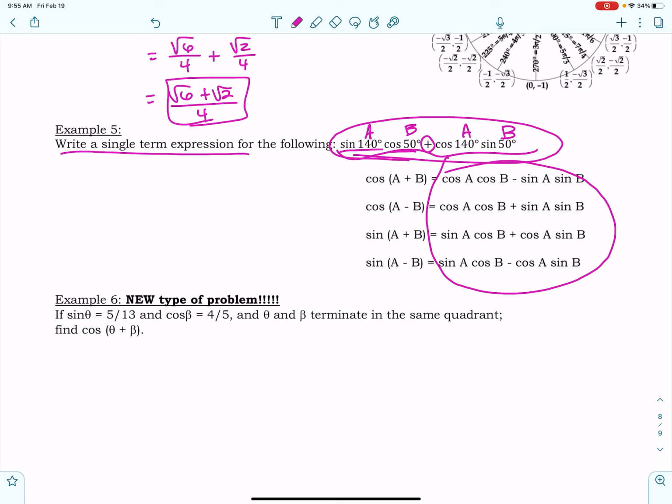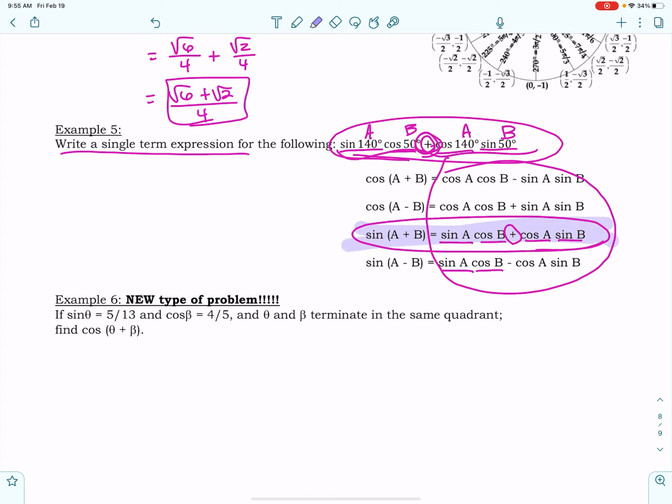So sine, okay, both of those look that way. Cosine, okay, but this is plus. And then cosine A, sine B. So it's this one, all right? It's this one. It's what we're interested in.